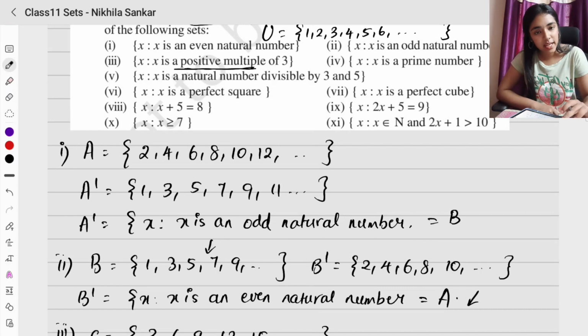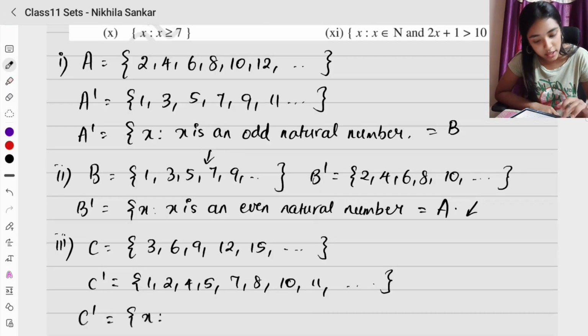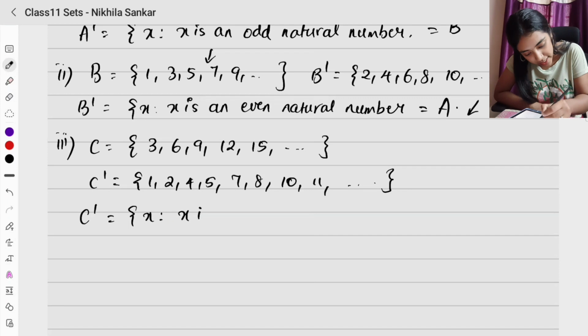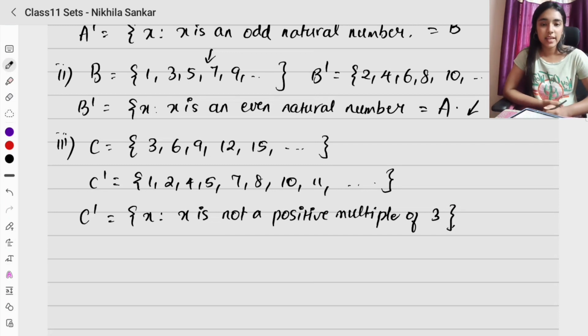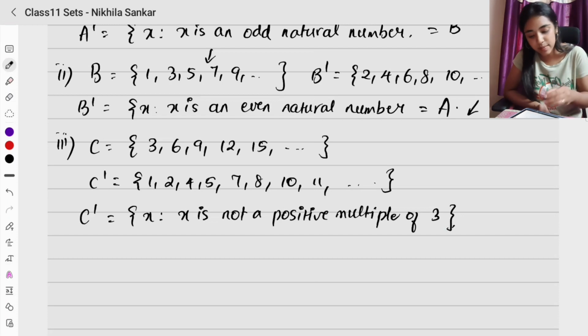So I am going to write x is not a positive multiple of 3. Okay. This is the only way of writing. When it is given x is a positive multiple of 3, you write x is not a positive multiple of 3. Very, very simple. Complement.